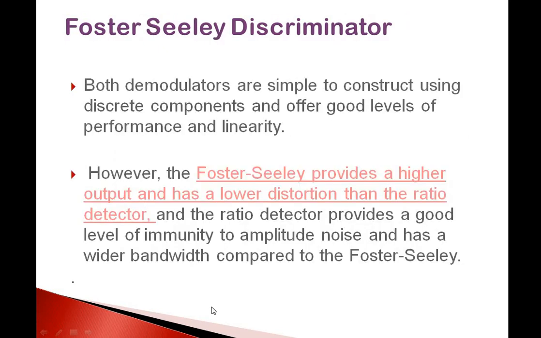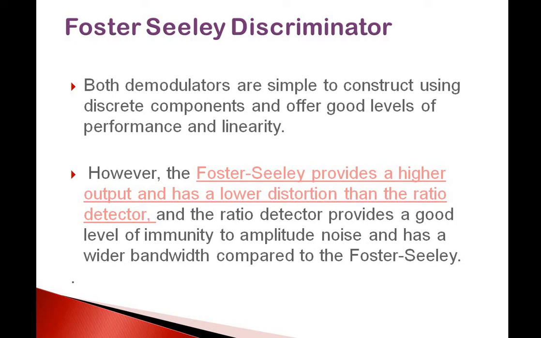Both of these demodulators are simple to construct, and using discrete components they offer good levels of performance and linearity. That's the reason these phase discriminator methods are much more used for frequency demodulation.